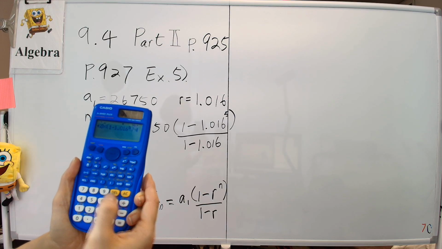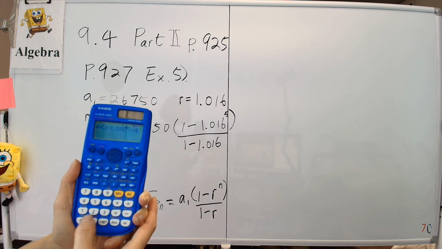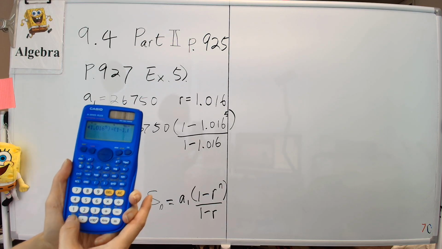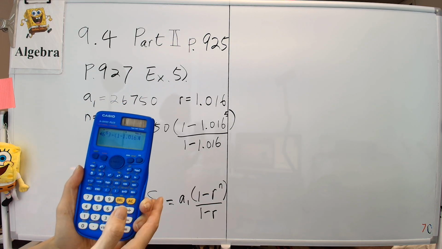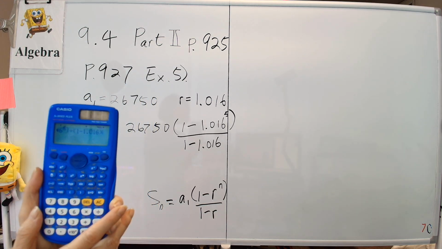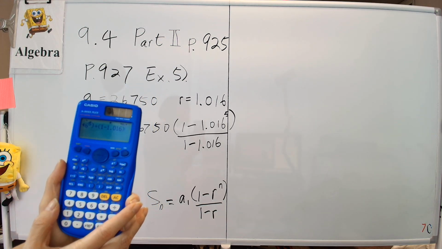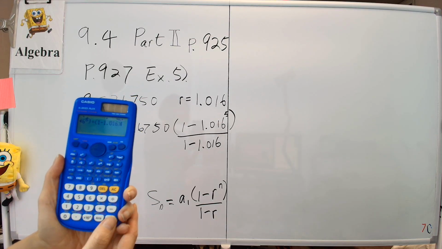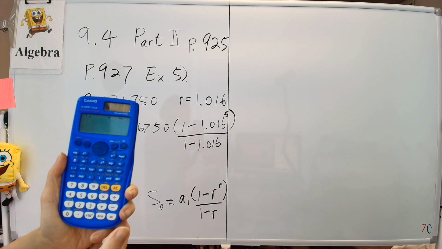Then divided by parentheses again. We need to do the 1 minus 1.016 in parentheses, because there's a subtraction there. Otherwise, you will be only dividing by 1. That should be all right.